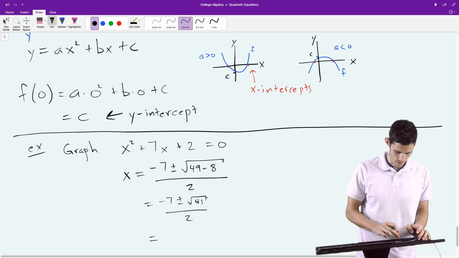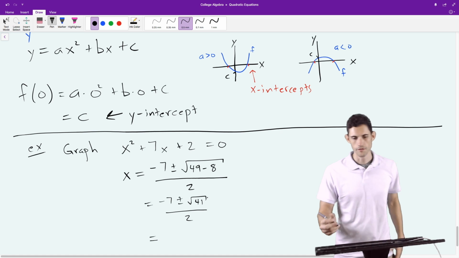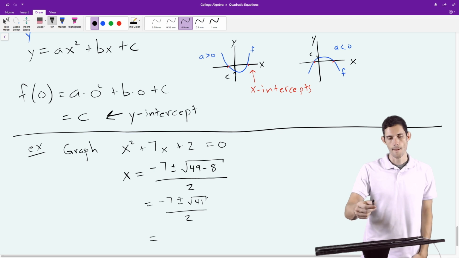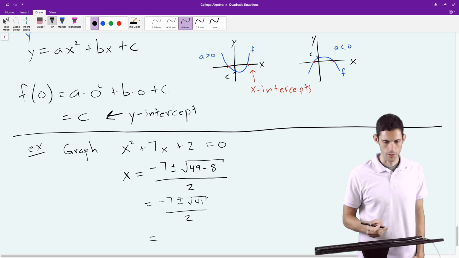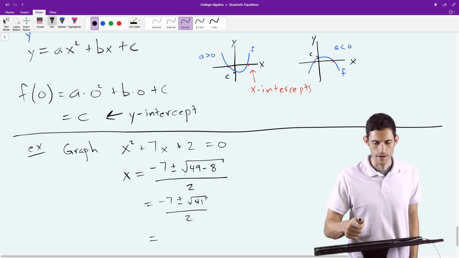Let me just use my calculator here. So if I were just asking you to solve this equation, I would want to see what I just wrote, negative 7 plus or minus square root of 41 all over 2, because that is an exact number.